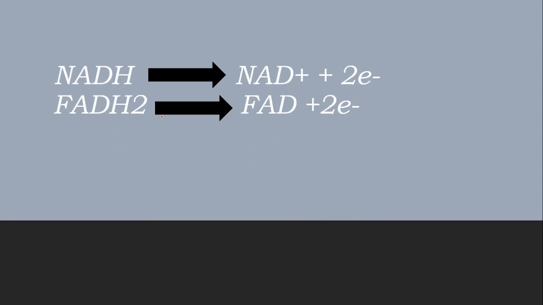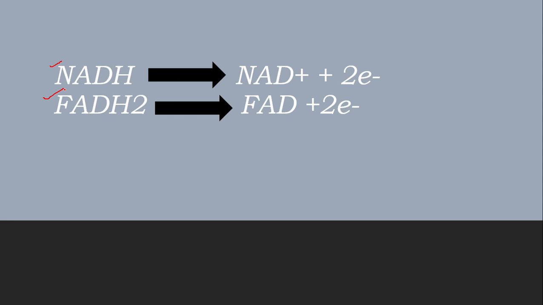First of all, let's discuss where the electrons are coming from. The electrons will come from NADH and FADH2. Remember, these NADH and FADH2 were produced in glycolysis and the Krebs cycle.